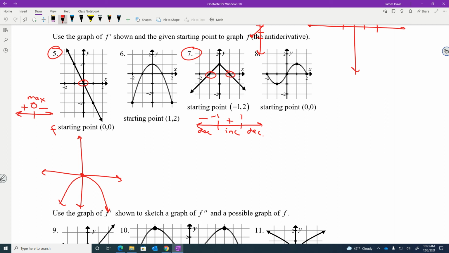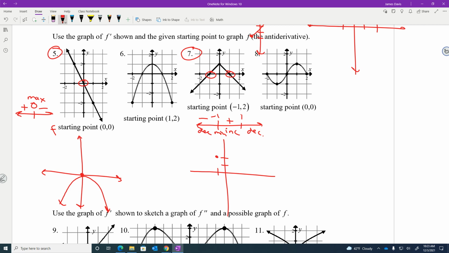Our starting point is supposed to be -1, 2. Now we have to think about mins and maxes here. Decreasing to increasing, so that's a min at -1.